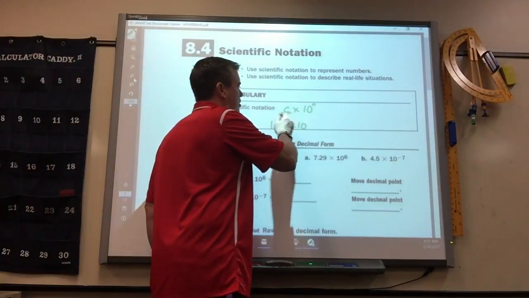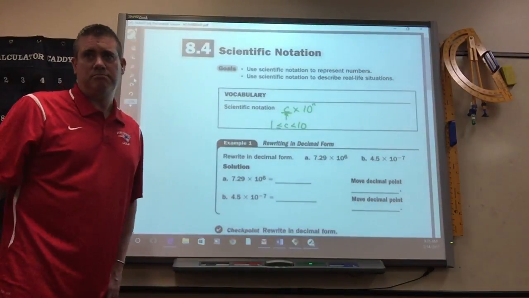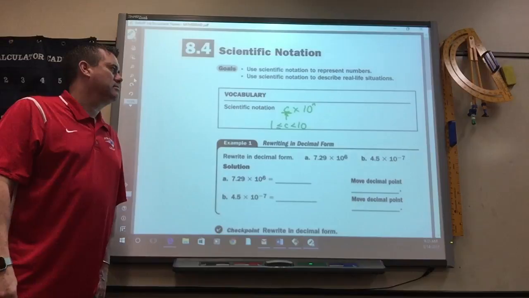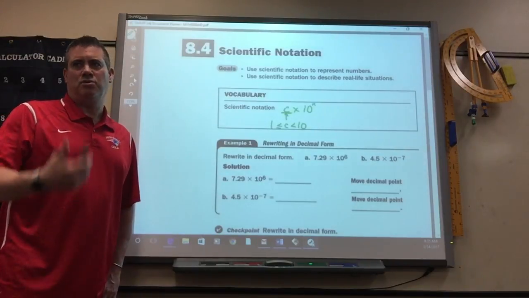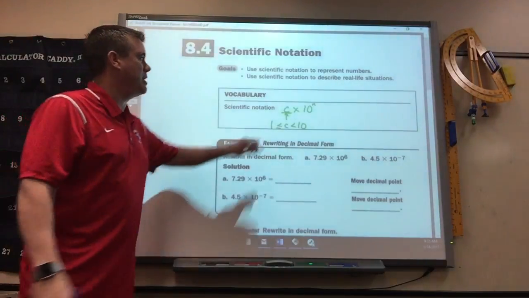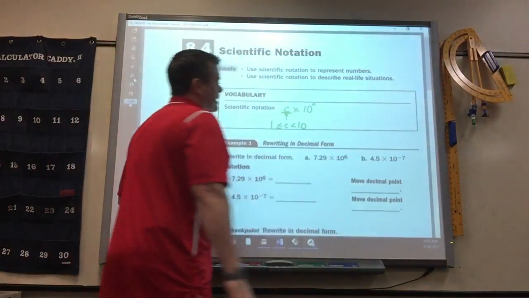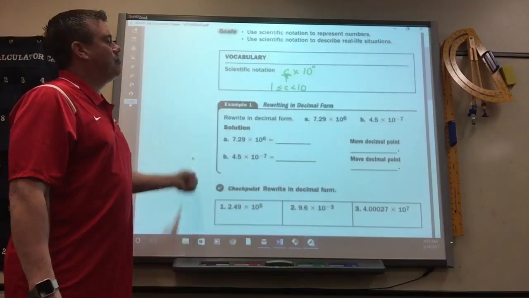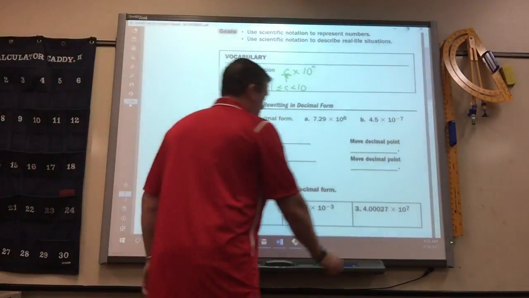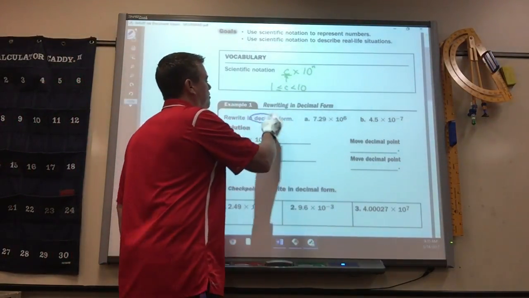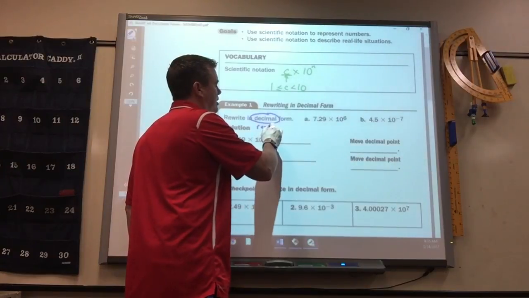So this is a whole number between 1 and 10, but not including 10. So it's 1 through 9 that this has got to be right here. To rewrite in decimal form just means write it as a regular number.